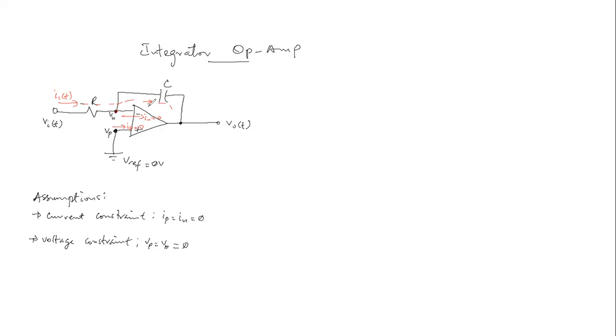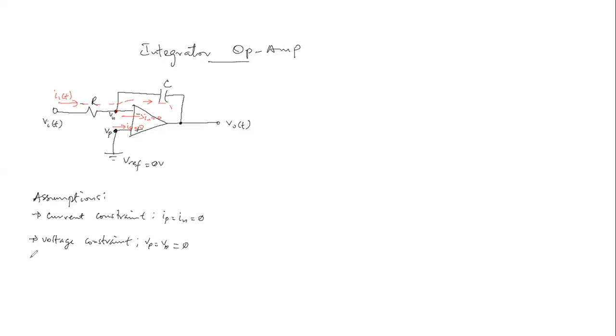Good. Now, we already established that this voltage value is 0. So if we write Ohm's law at the input side, then we should be able to estimate the value of I sub I of t.